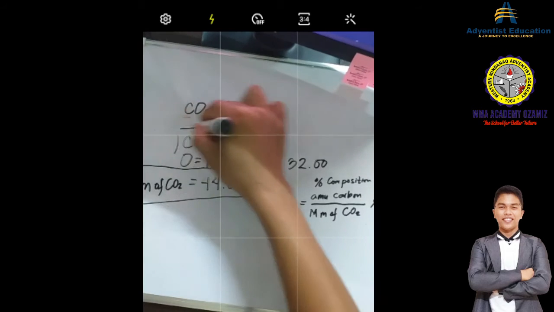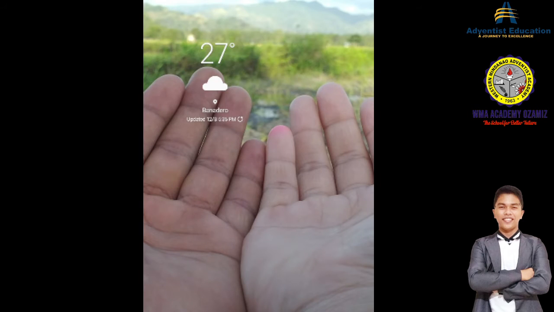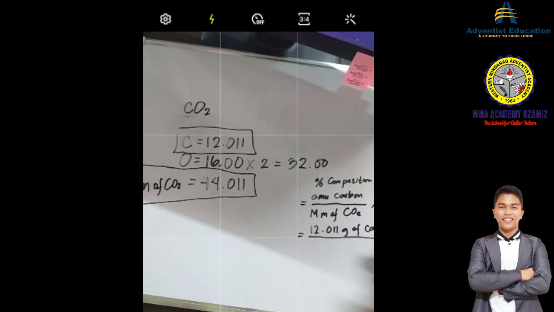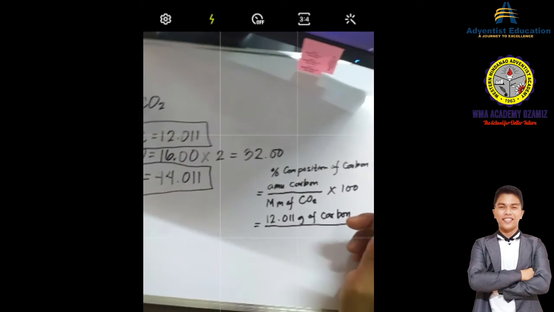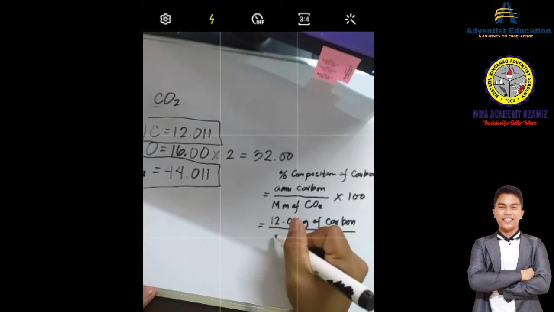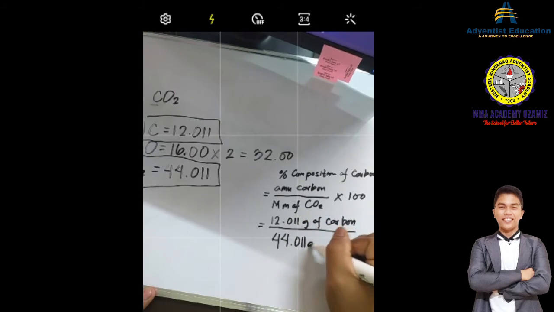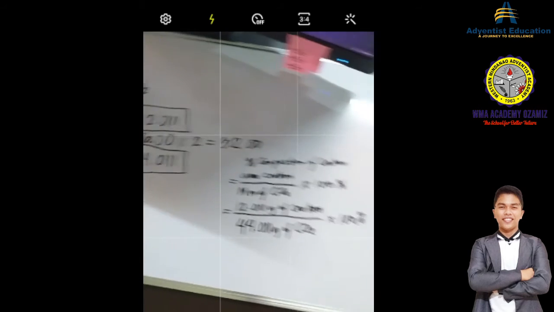So we will write 12.011 grams of carbon divided by the total mass of carbon dioxide, which is 44.011 grams of carbon dioxide, times 100%. I forgot the 100%.